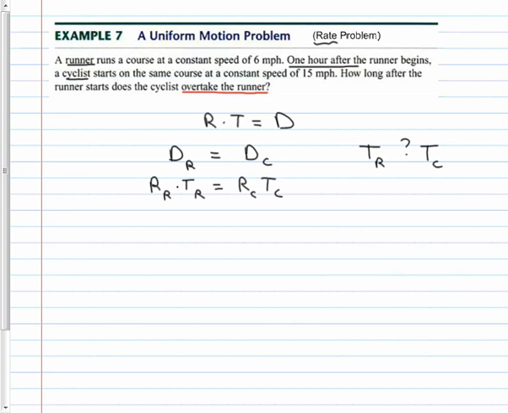There it is. The runner has gone an hour more than the cyclist because they left an hour before. So the time of the runner is the cyclist plus 1.